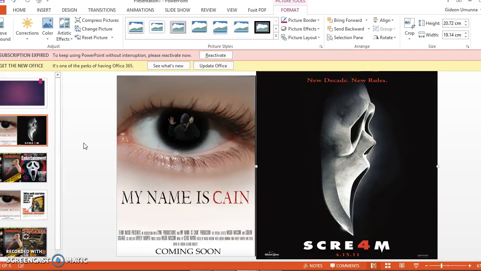Likewise, if you focus on Scream's film poster, you see that the face becomes the knife, if you get what I mean. So in both film posters, we're showing our slasher horror subgenre, showing the weapon that's used.